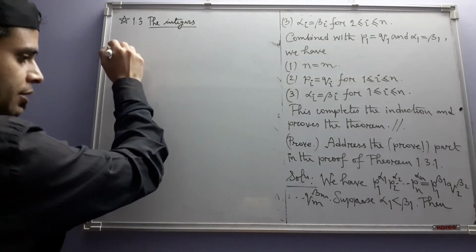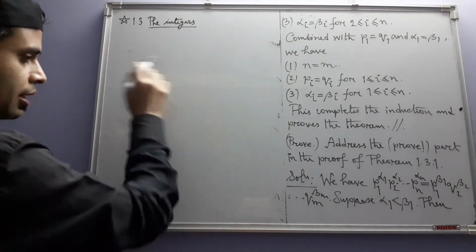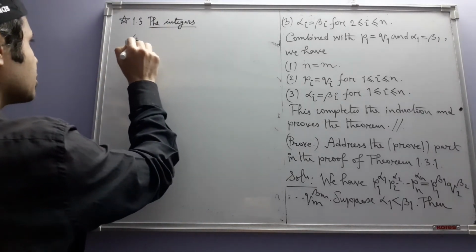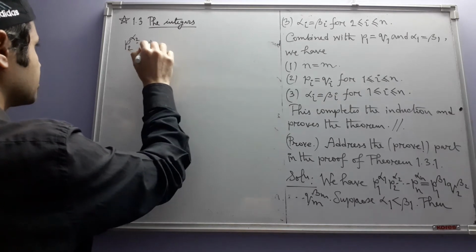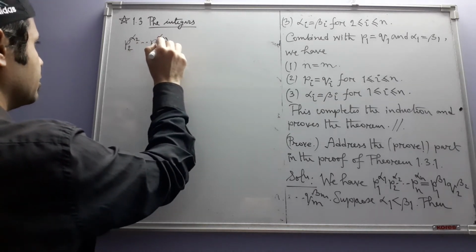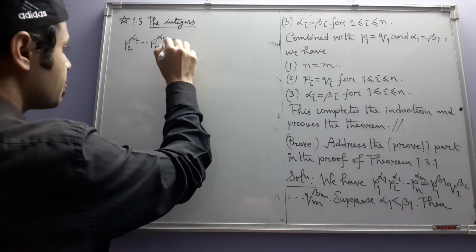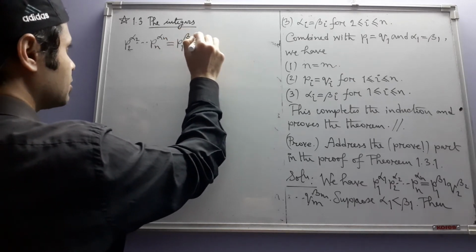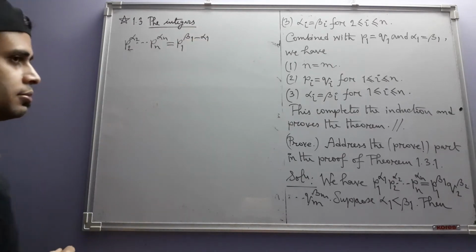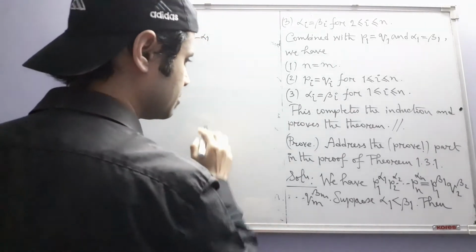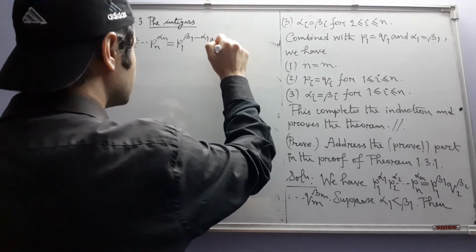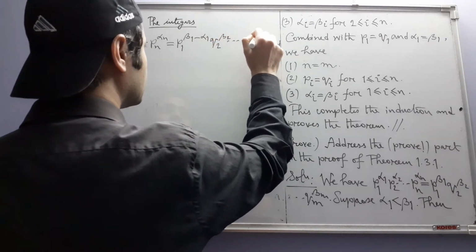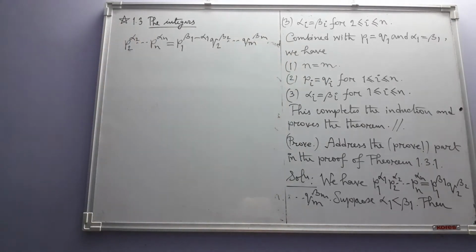Having divided both sides by P1 to the power alpha 1, we have P2 to the power alpha 2, P3 to the power alpha 3 up to Pn to the power alpha n, equal to P1 to the power beta 1 minus alpha 1, using one of the laws of exponents, times Q2 to the power beta 2 etc. to Qm to the power beta m.